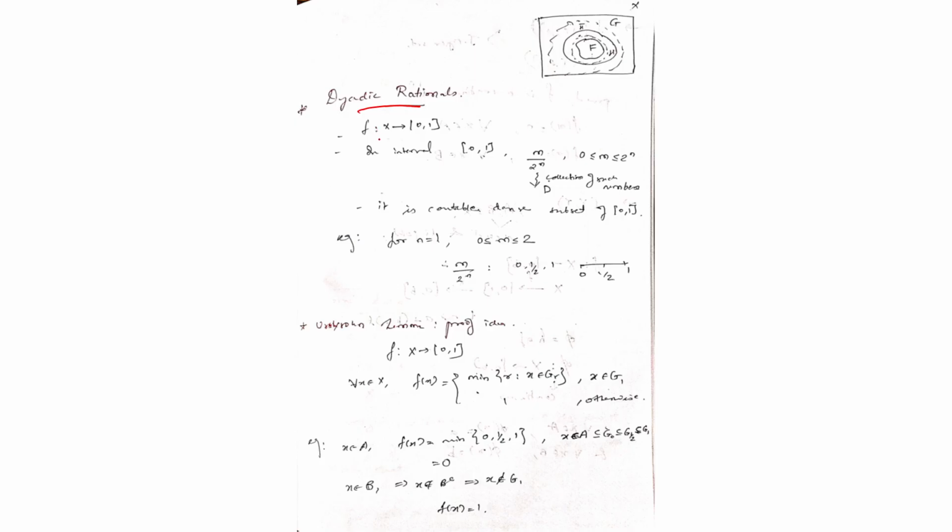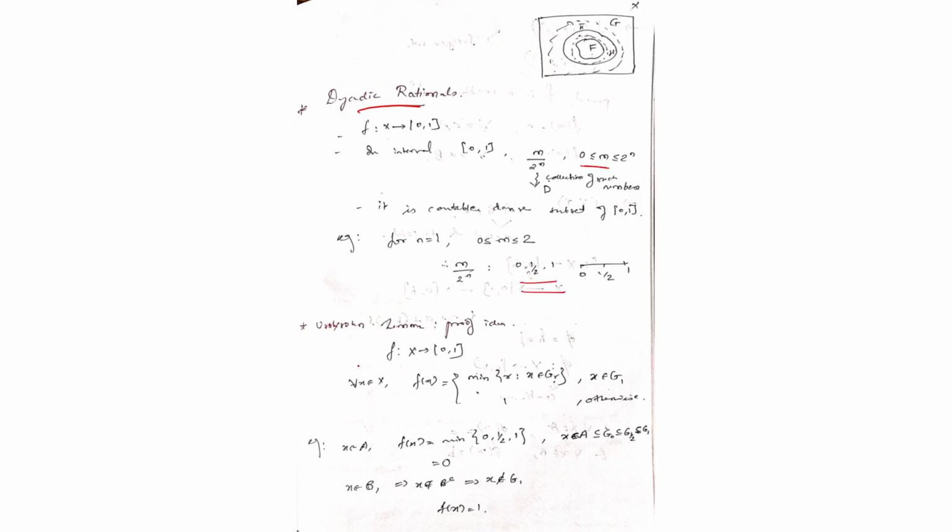If you have a function f from X to the closed interval [0, 1], then in the closed interval [0, 1], the numbers m by 2 to the power n form a countable dense subset of the closed interval [0, 1]. Fine. So you might have seen this example.